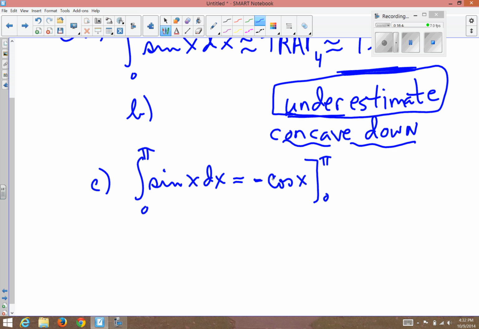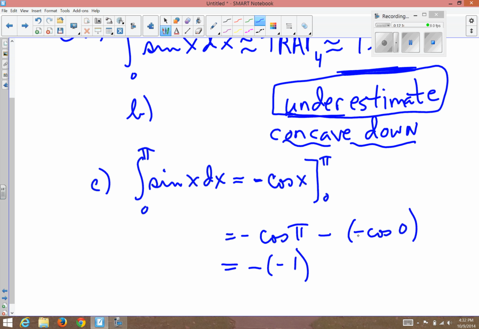So by the fundamental theorem of calculus, this definite integral is equal to negative cosine pi minus negative cosine 0. And the cosine of pi is negative 1. This says negative 1.